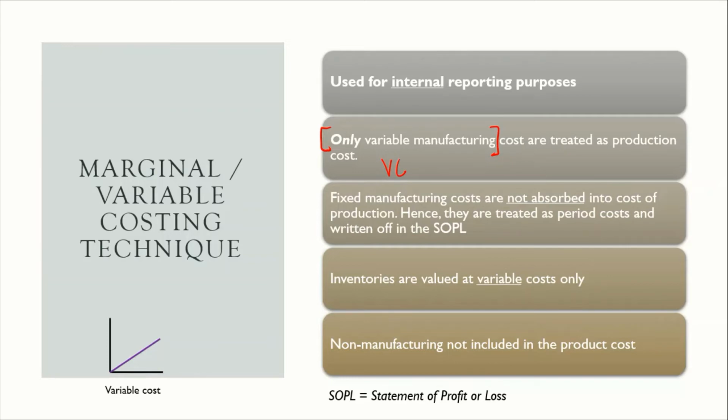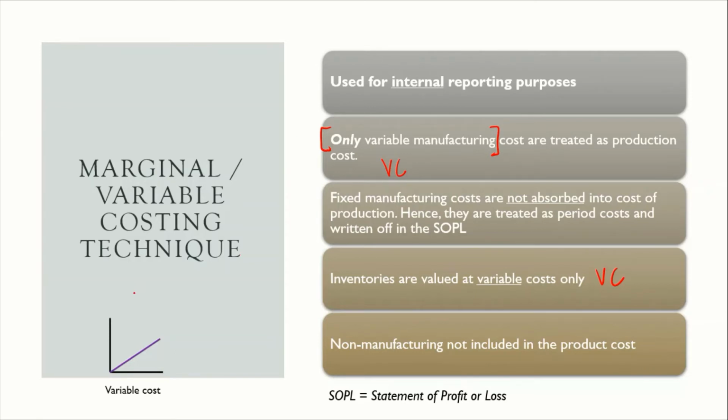Inventory are valued at variable cost only, and non-manufacturing is not included in the production cost. Okay, non-manufacturing is not included at all in the production cost. Okay, so variable cost, if you have forgotten, it is the cost that change with the increase or decrease of the unit product produced.